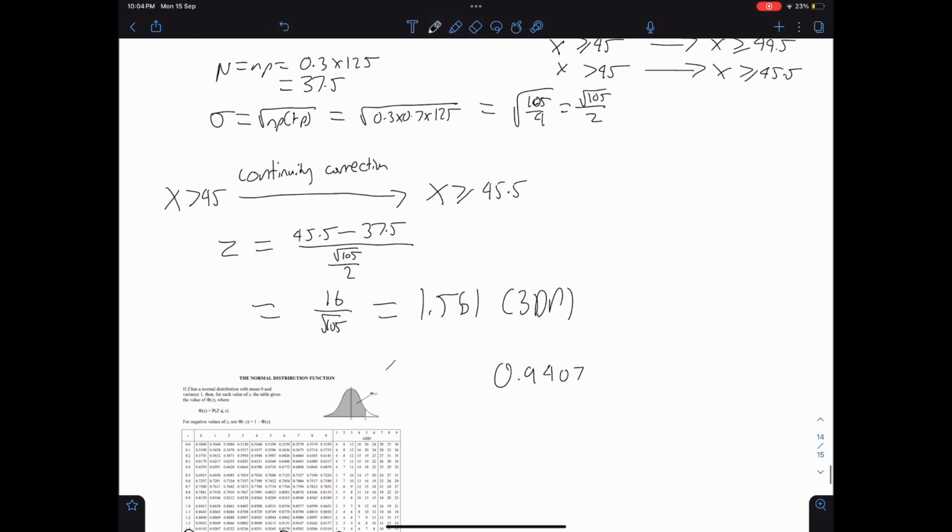Oh, and remember, because we're doing greater than, we'd have to do 1 minus that, like that.